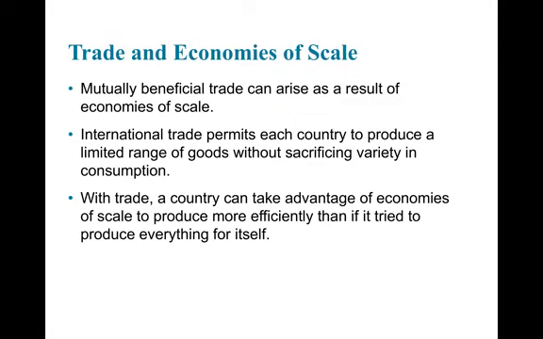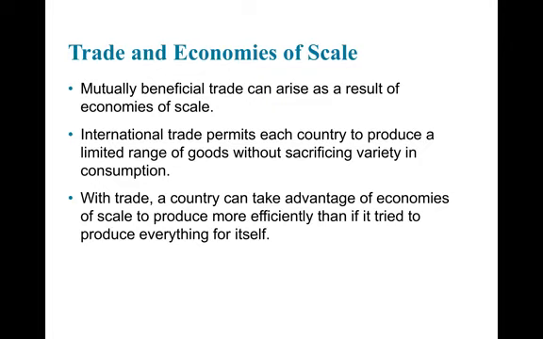Mutually beneficial trade can arise as a result of economies of scale. Essentially, international trade permits each country to produce a limited range of goods in larger quantities. Producing in larger quantity means that you're going to be able to produce at a lower average cost, so you're producing in a more efficient way.